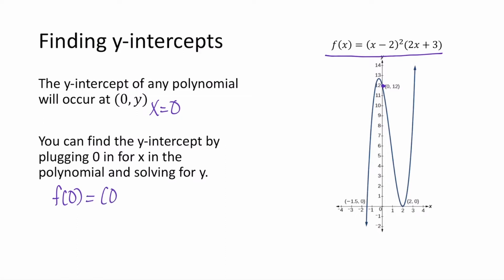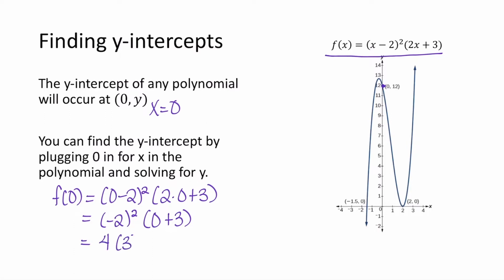That would give us (0 - 2)^2 times (2 times 0 + 3). So 0 minus 2 is -2, so we have (-2)^2, and then 2 times 0 is 0, 0 plus 3. (-2)^2 is 4, and then we have 4 times 3, which gives us 12. So that means we will have a y-intercept at (0, 12), which is what you can see on this graph right here.